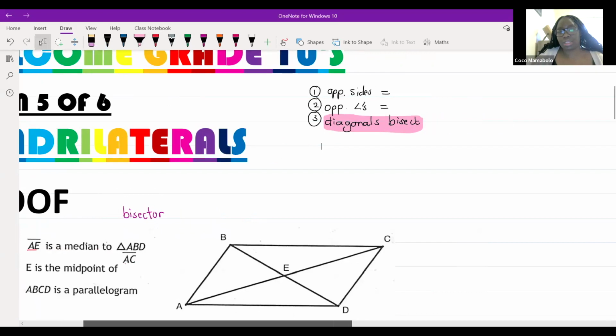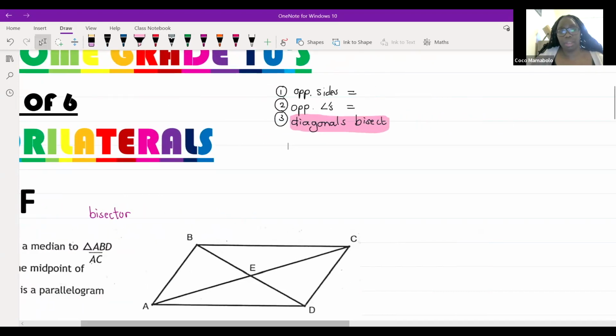Okay, so let's start our proof properly. By the way, we've been told that E is the midpoint of BD, and that E is a midpoint of AC. All right, so we're going to say we are required to prove.